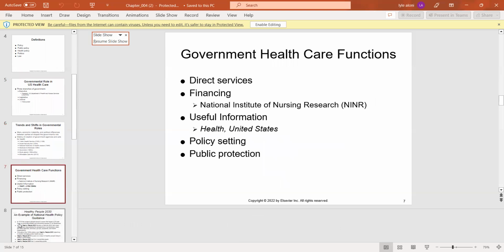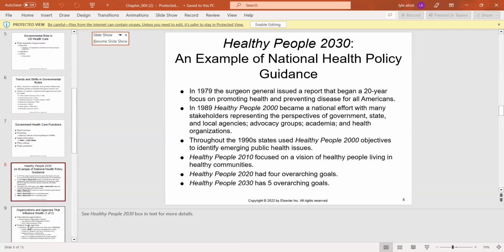When we take a look at financing, we have the National Institute of Nursing Research, and we use helpful information with policy setting and policy protection. We take a look at Healthy People 2030 as an example of health policy guidance. In 1979, the Surgeon General issued a report that began a 20-year focus on promoting health and preventing disease.